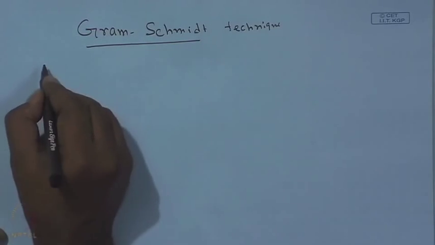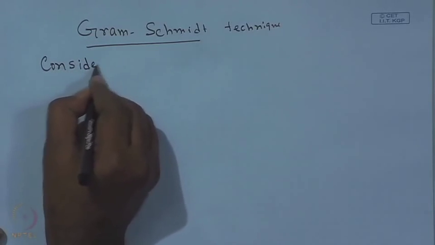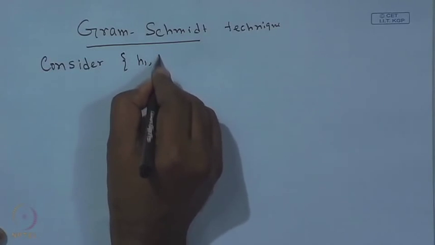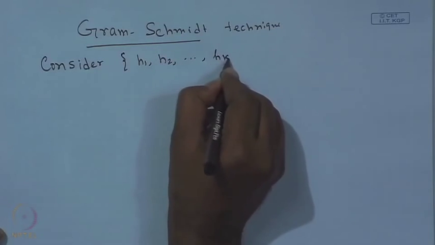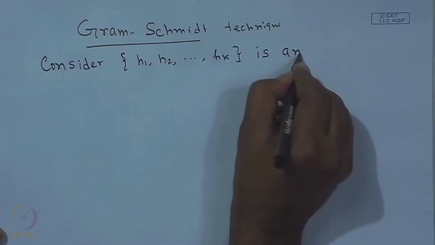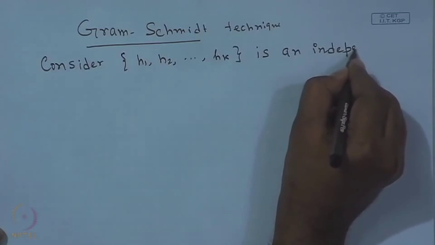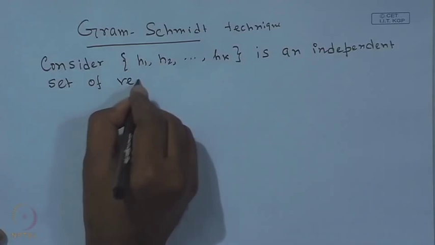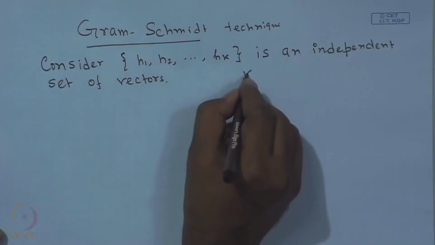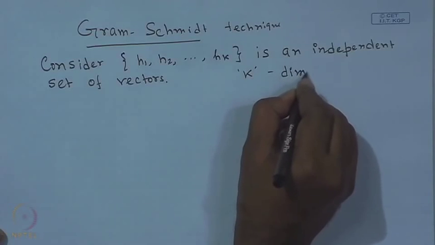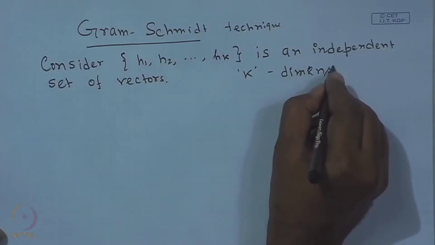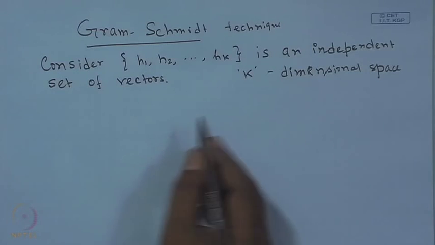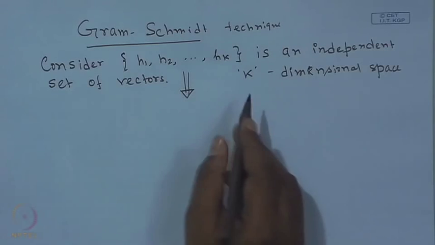So, for that let us consider a k dimensional space where the set H 1, H 2, H 3 up to H k is an independent set of vectors. These are not orthonormal.